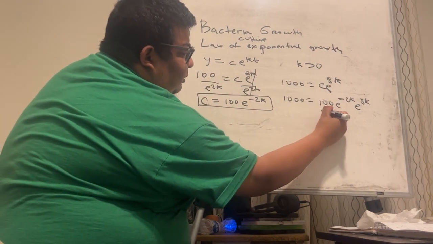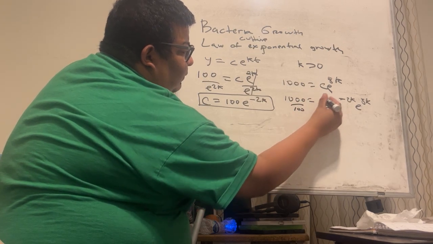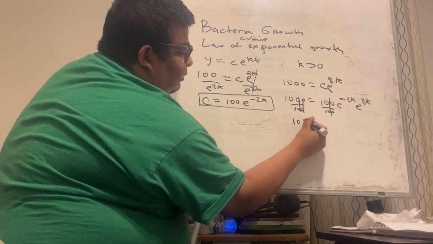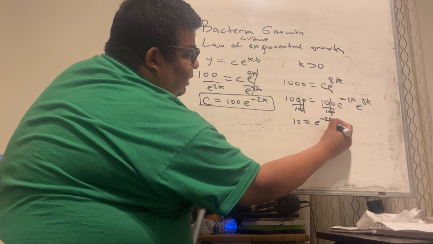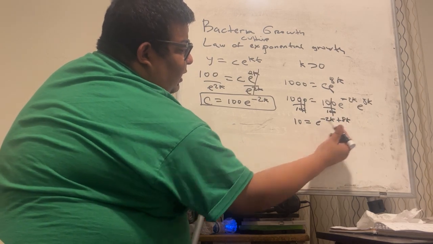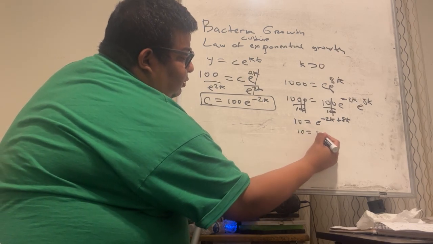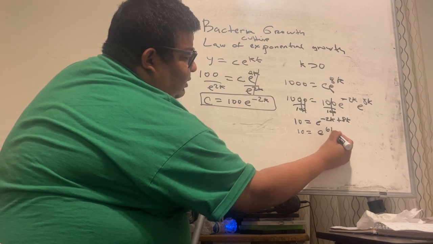We can divide by 100, and we cancel 2 zeros, so we're left with 10 is equal to e to the negative 2k plus 8k. Because we have the same base, we can add the exponents. So we have 10 is equal to e to the 6k.